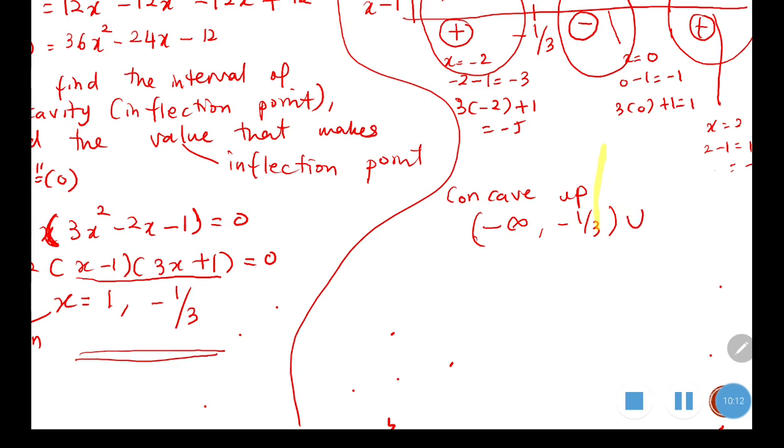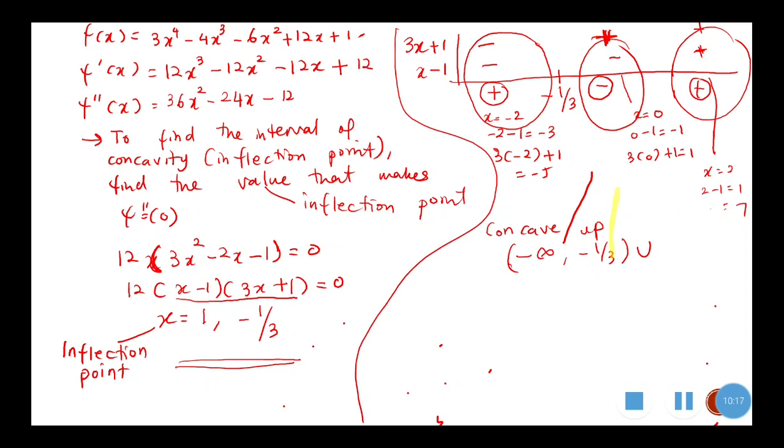And another one where it is concave up is from 1 to infinity. And concave down is the part in the middle, which is from minus 1 over 3 to 1.